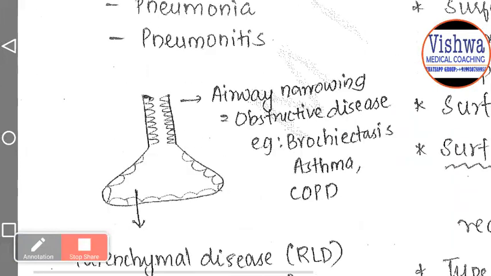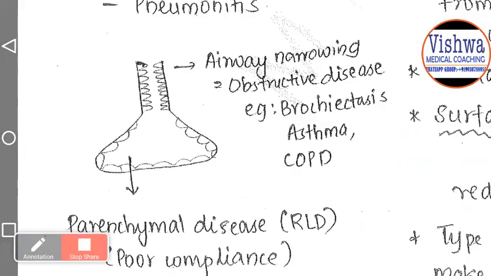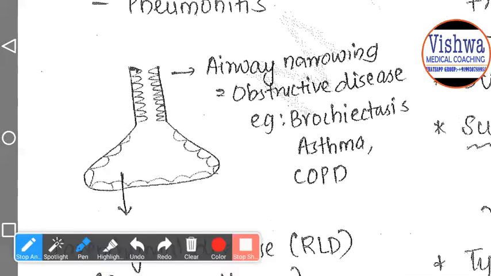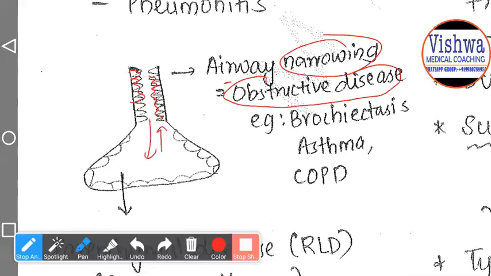Now, this is what we have learned in the presentation also, that in the obstructive lung disorders, the bronchi are narrowed. Because of that, air can go in, but air cannot come out. Now, how can the air go in? If the bronchi are narrowed, air should not be able to go in also, right?